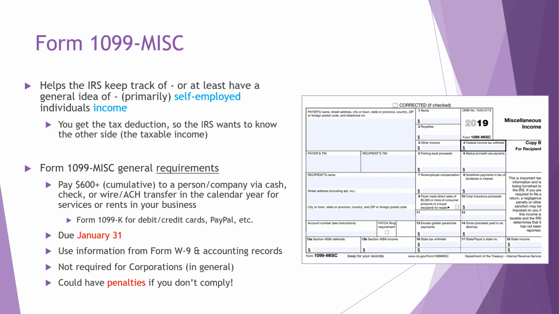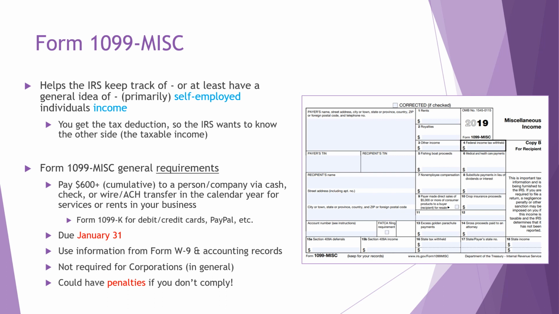Usually you're not going to just be able to add up box 7 and make that your income line item, because not all customers are going to issue you a Form 1099 Miscellaneous. There are some thresholds and other requirements that might actually exempt them from sending you one, but it kind of gives the IRS a low-end number on what to be expecting for a self-employed individual to be reporting as income.